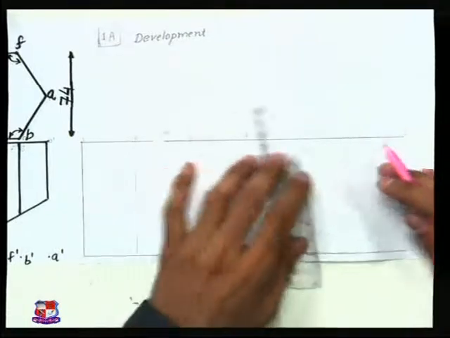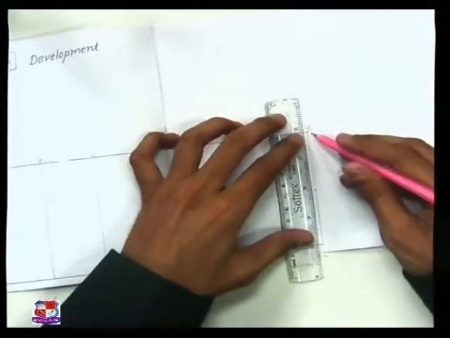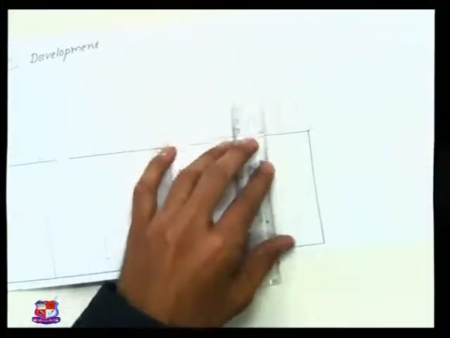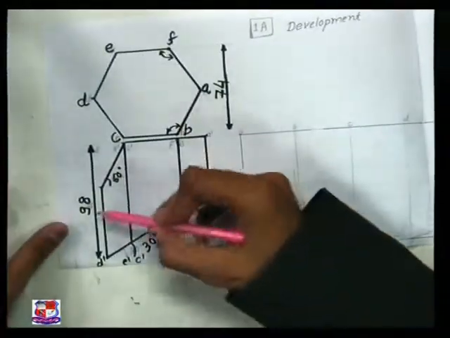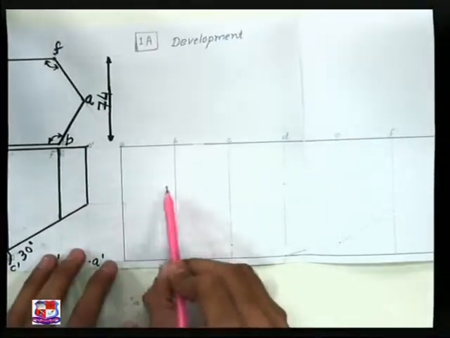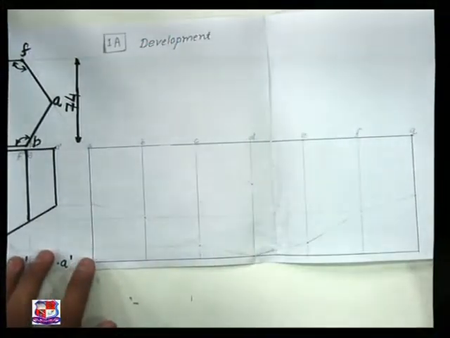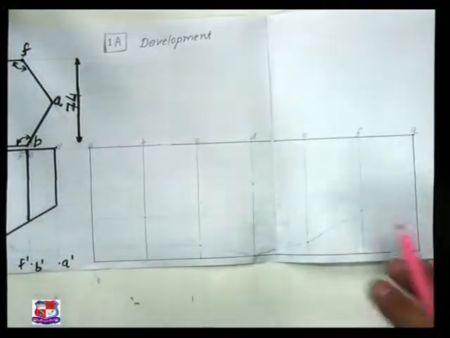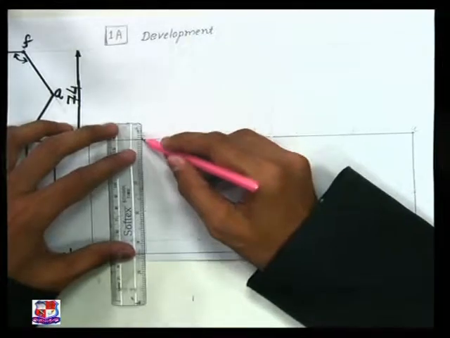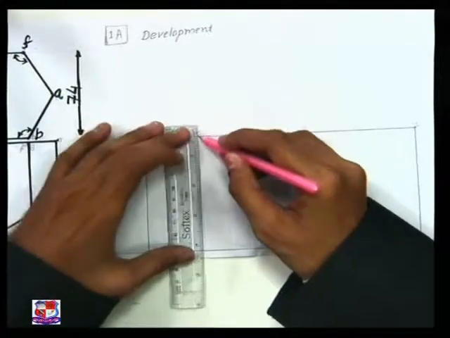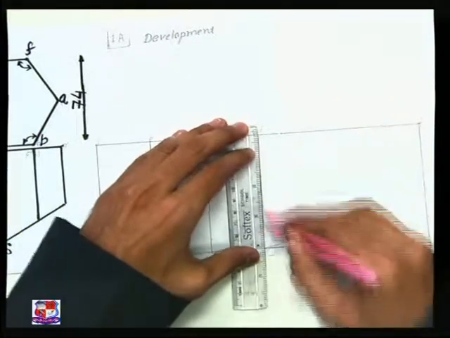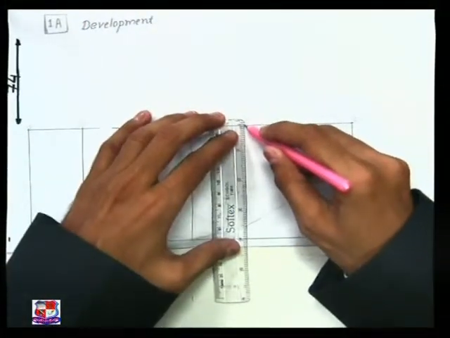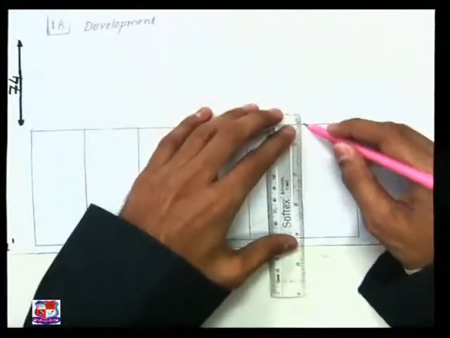If it is not cut, then its development would appear just as a rectangle having height equal to 98 mm, this height, and width equal to 42 into 6. Divide this 42 into 6 equal parts. So these 6 edges are there. The width of each rectangle over here is equal to the side length of the given hexagon, like this.